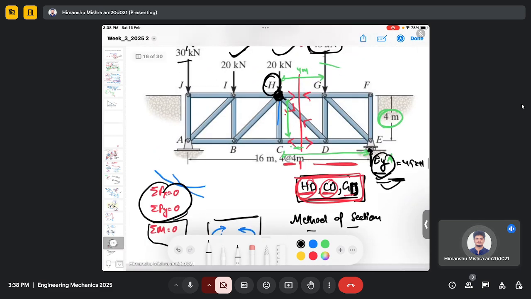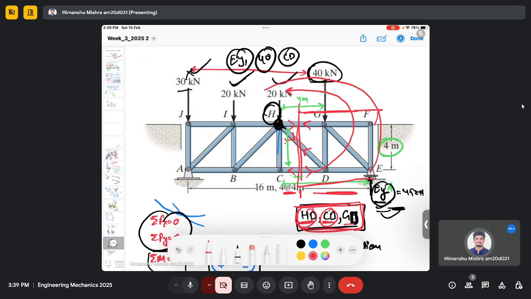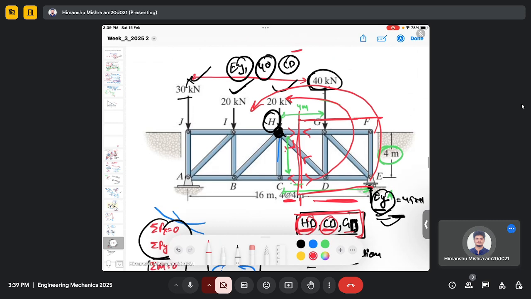So when we do that, you can see that I'm interested only in the right section. In this section I'm interested. So you can see CD will rotate in a counterclockwise direction about point H. So it will have a negative moment. EY is also rotating in a counterclockwise sense around H, so EY will also have a negative moment.